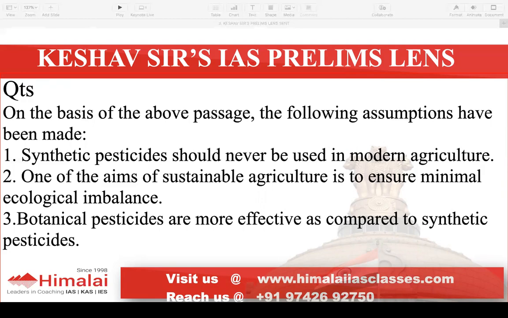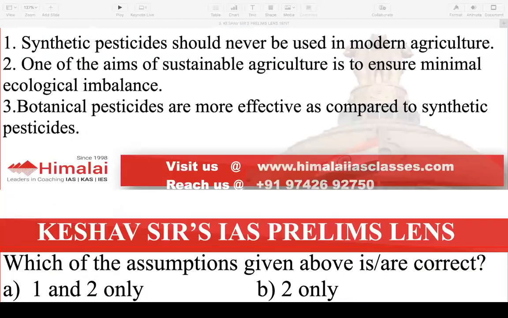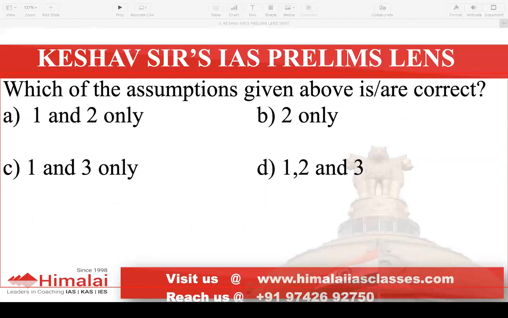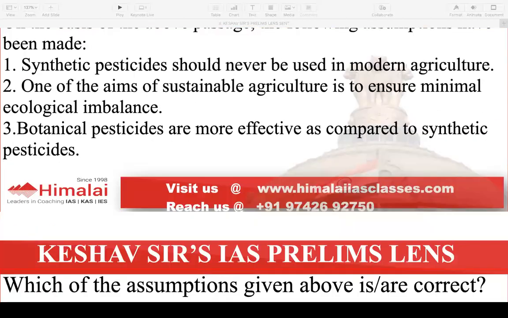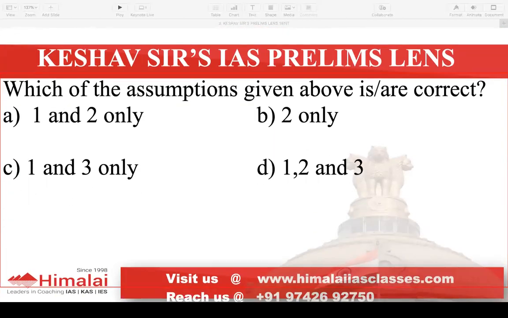In the third option, they are not telling us about the effectiveness of the botanical pesticides. They're telling us that one of the aims of sustainable agriculture is to ensure that we balance the ecology and ensure minimum ecological imbalance. So the answer would be B, 2 only.